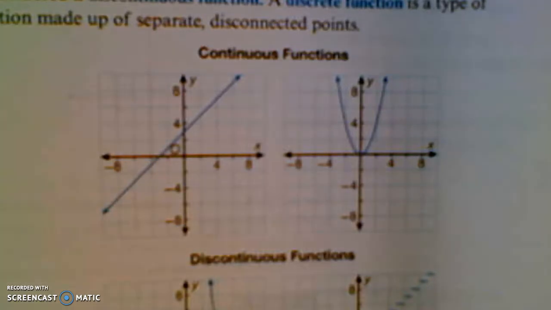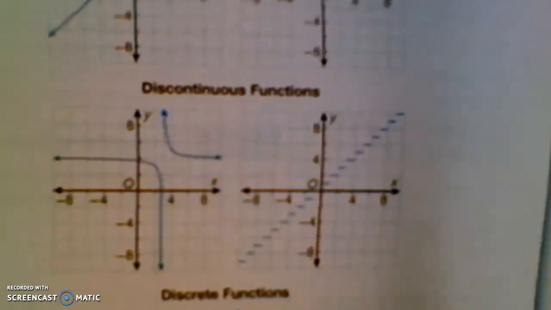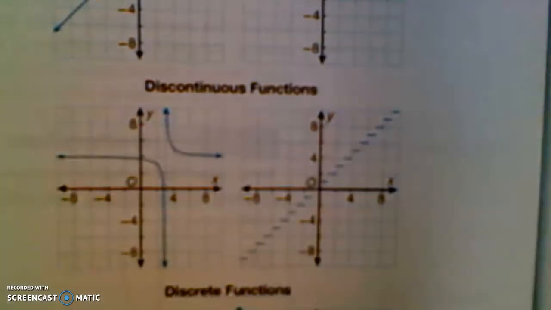You can see from the 2 pictures here, there's no interruption in the left-hand case, the line, the right-hand case, the parabola. There's no interruption, right? The line, if you will, the graph is solid. As compared to one that is discontinuous.